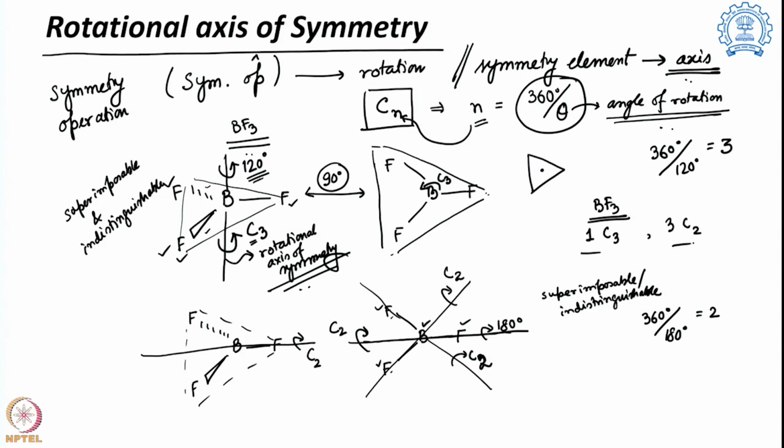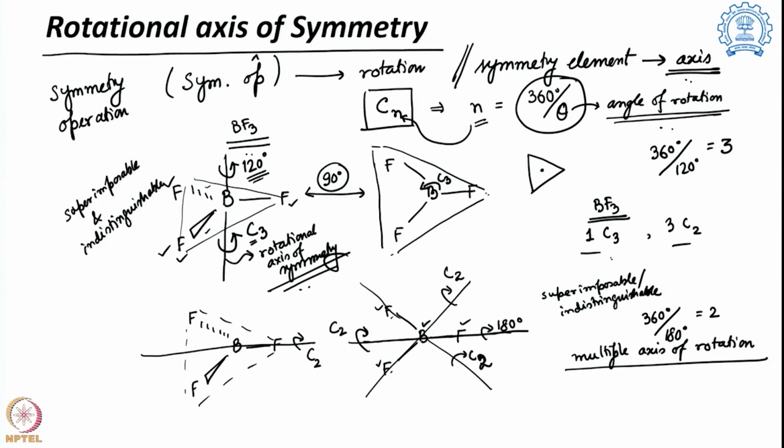Now if you have a molecule with multiple axes of rotation, we have to find out which of them is going to dominate in the symmetry definition and their properties. Over here, the symmetry operation which gives me a superimposable and indistinguishable structure with minimal movement is going to be the higher symmetry operation.